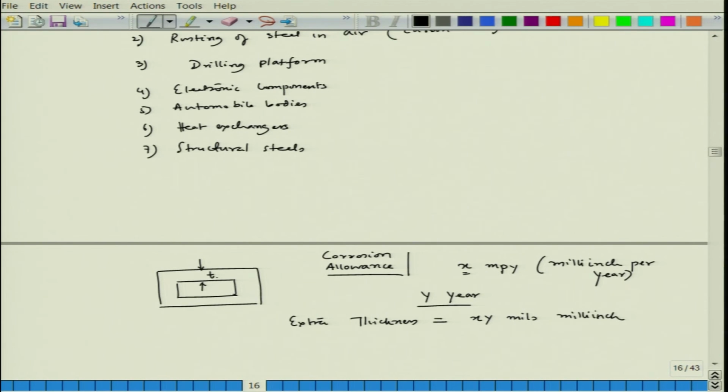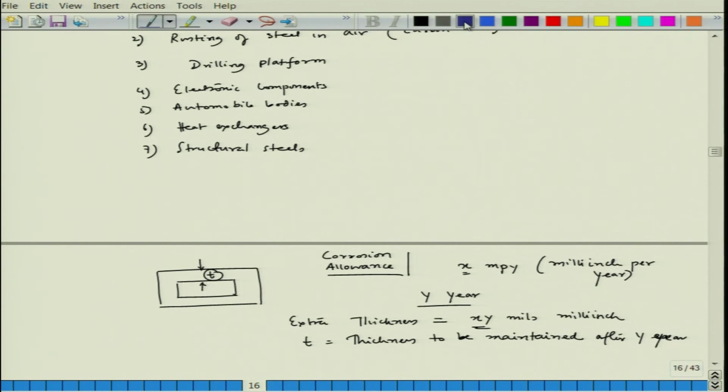And T is basically the thickness to be maintained after y years. So, this much thickness would reduce, and this is to be added on top of it.